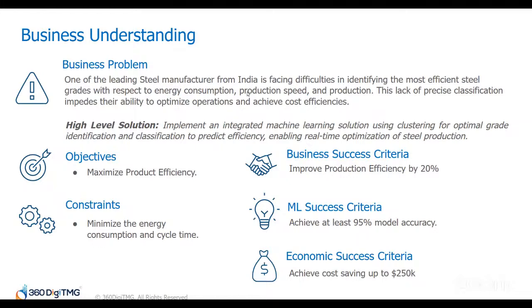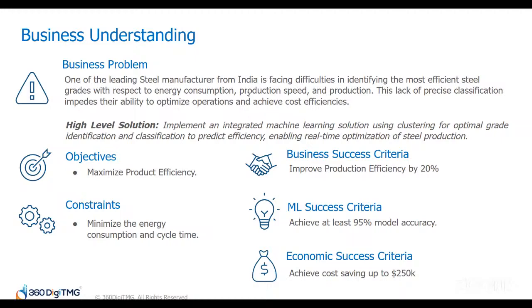So, in simple terms, if they could better understand which steel grades are the most efficient, they could save the energy, speed of production, and improve the overall quality of the steel grades, leading to a lower cost and better performance. The objective is to maximize the product efficiency.